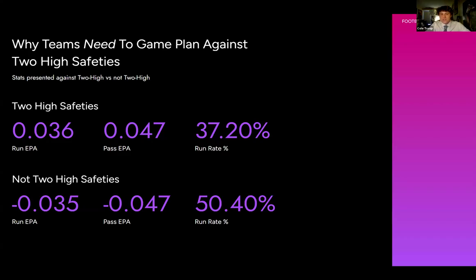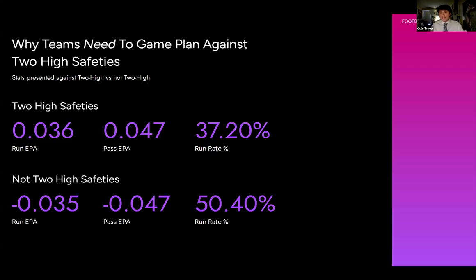The most telling metric here is the run rate percent for each of these. People don't like to run against two high safeties, especially because the situations that cause two high safeties are often long yardages. And so it reinforces this fact that we're going to continue to come back on in this slideshow that two high safeties prevent these explosive plays, or they try to, but they sacrifice these tiny gains over the middle and in these shallow routes.